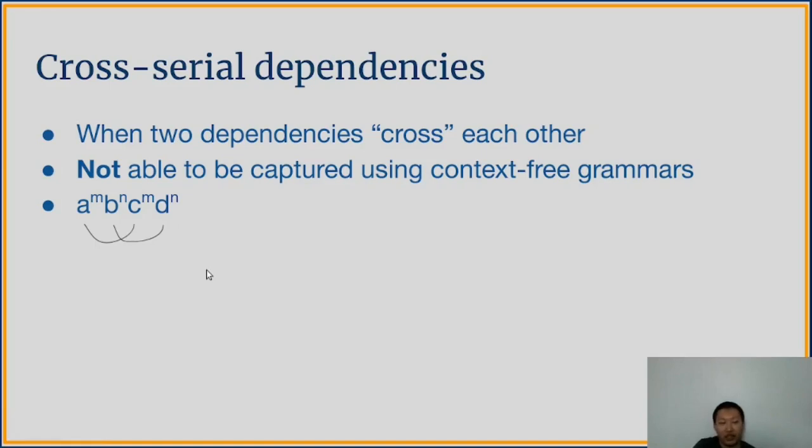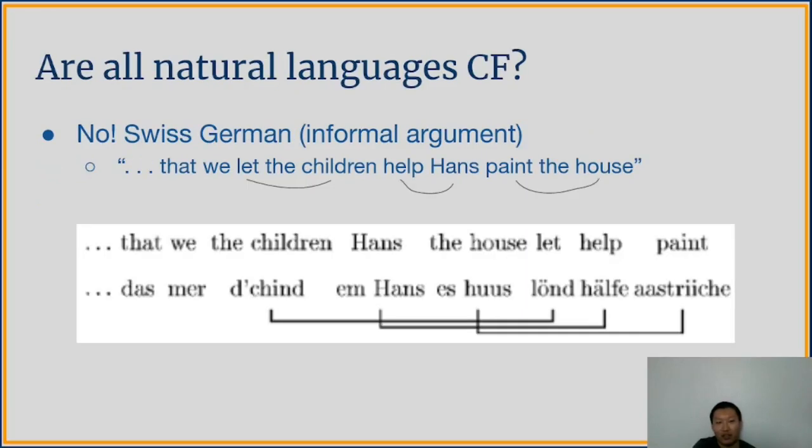So now the next logical question is, are all natural languages context-free? And the answer is no. One common example that's cited is Swiss German, and basically the idea is that these lines cross each other. So I have one part of a sentence here: we let the children help Hans paint the house.